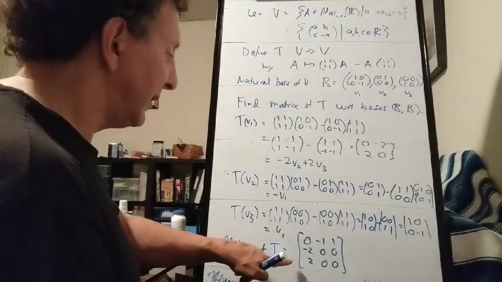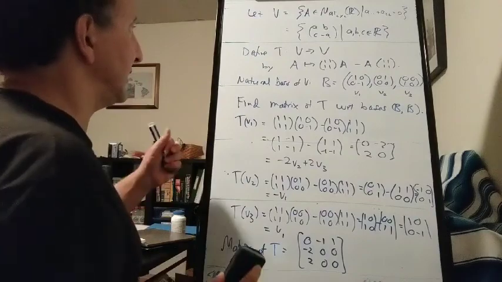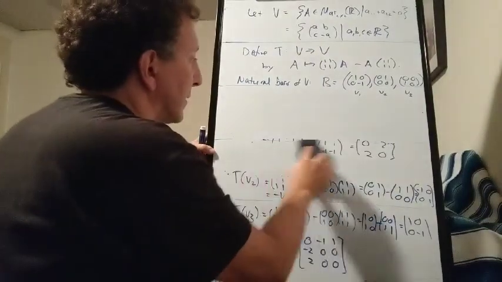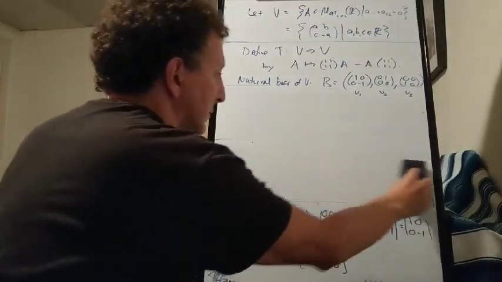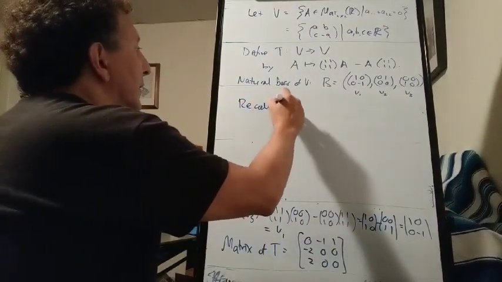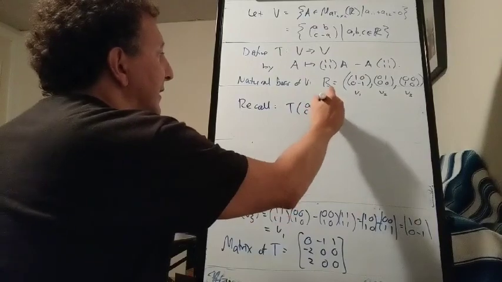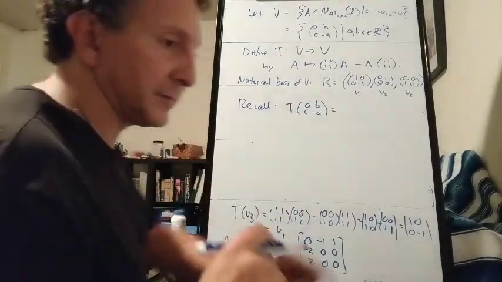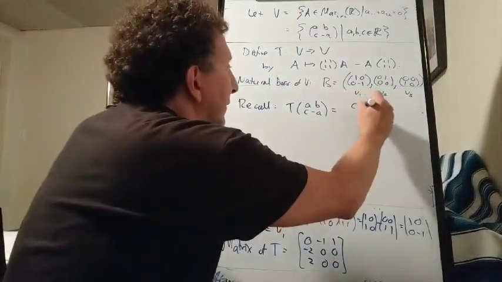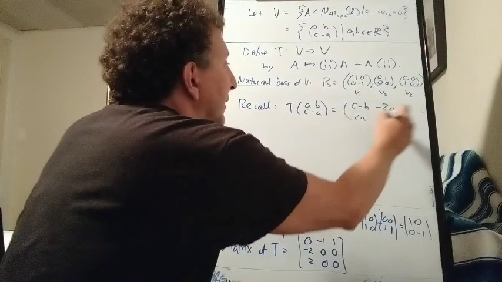Alright, so let's check that multiplying by this matrix is the same as applying the linear transformation T. So recall we showed that T of [A, B; C, -A] equals [0, C minus B; B minus C, 0], negative 2A here and positive 2A there.